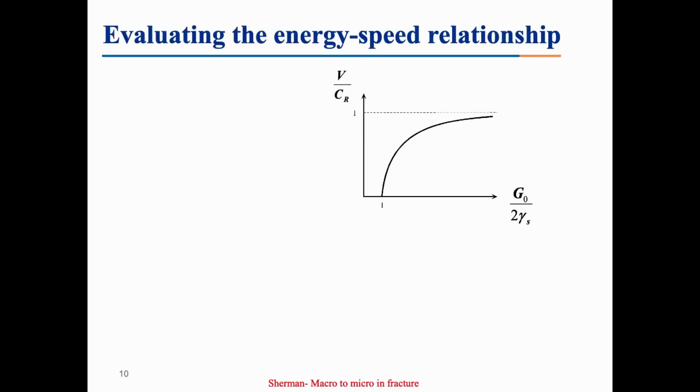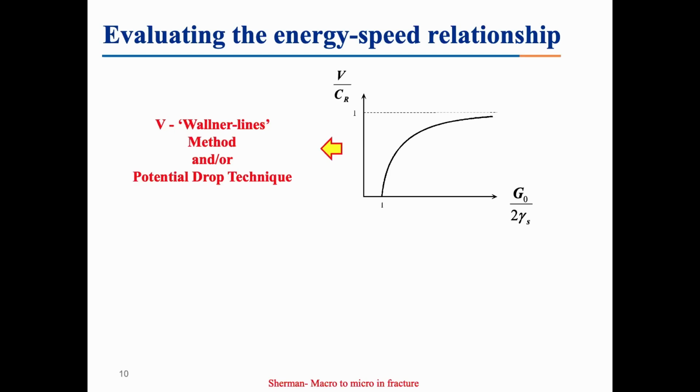Okay. So we evaluated the energy speed relationship by measuring crack speed using the Wallner line method or potential drop technique. This is only for very slow cracks, but this is for fast cracks. So we're using both of them here to have V over CR. This is the Freund equation of motion, if you are not aware of it.